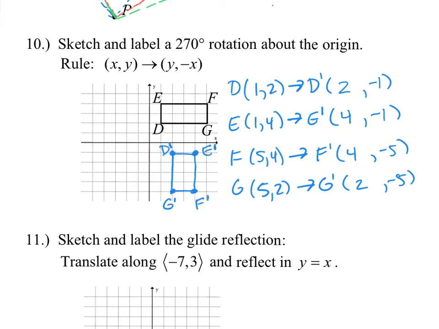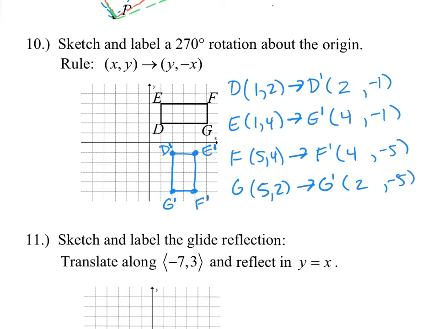And after you have plotted your image points, you can check your work by, again, using a piece of patty paper. Trace quadrilateral D, E, F, G. Put a pencil right at the origin, which is what you're rotating about, and then a 270-degree turn is a 3/4 turn, so rotate that patty paper 3/4 of the way of a complete turn, and then you should see how the image corresponds with what you've traced on your patty paper.